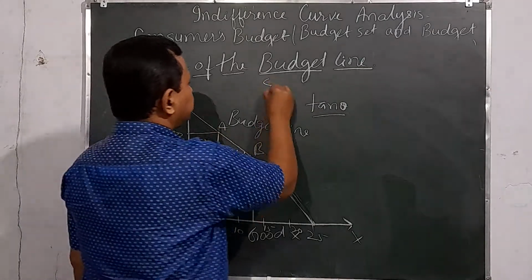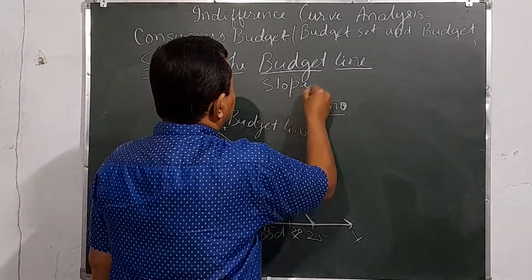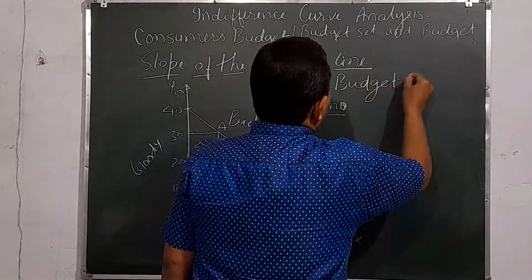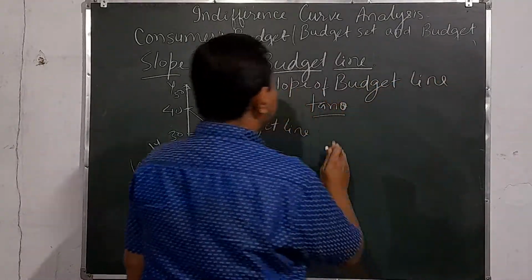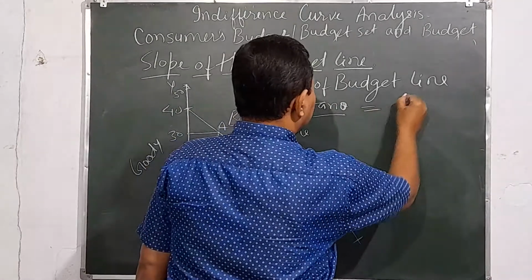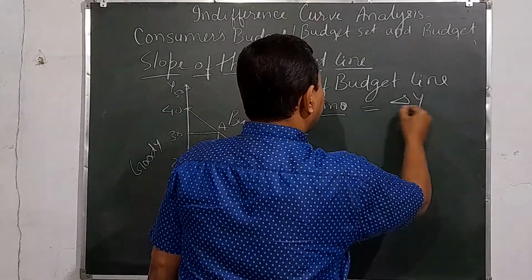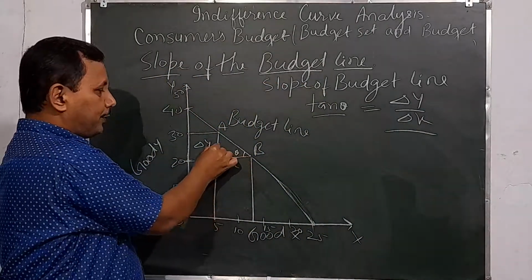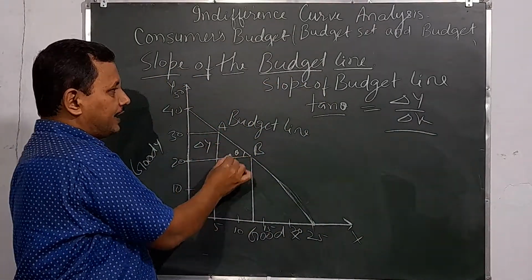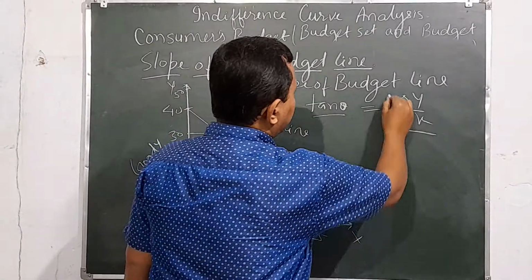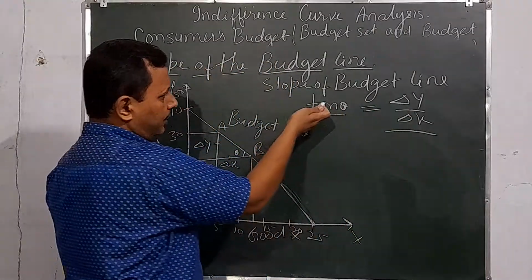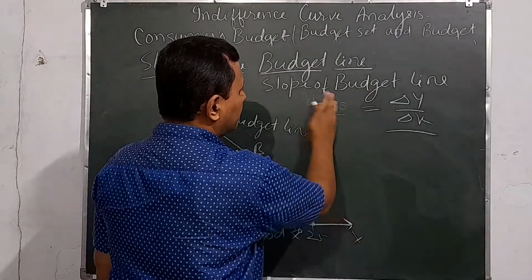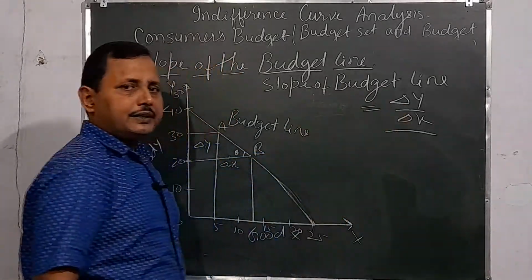So the slope of the budget line is equal to delta y by delta x. Tan theta equals perpendicular upon base, delta y by delta x, and this will be the slope of the budget line. Here we don't write tan theta; simply we write slope of the budget line equal to delta y by delta x.